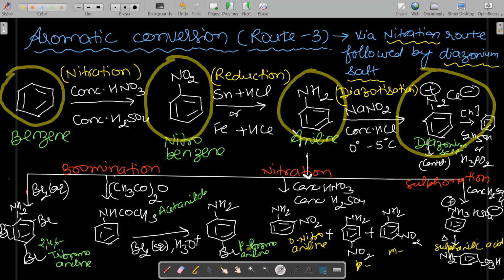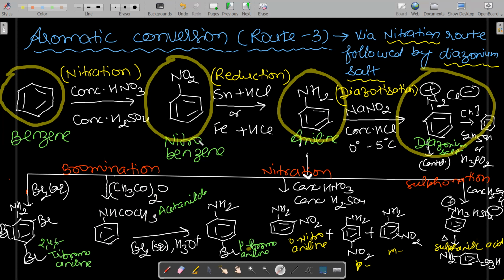But if your conversion is aniline to para-bromoaniline, then it is not a single step. It is a two-step reaction. So how to do it? In this case, we have to follow two types of reaction: first acetylation and then bromination. So what is this reaction? Aniline first reacts with acetic anhydride to form acetanilide.